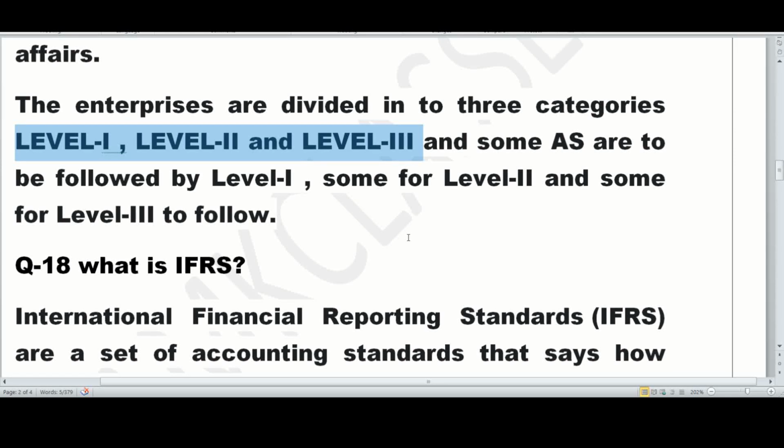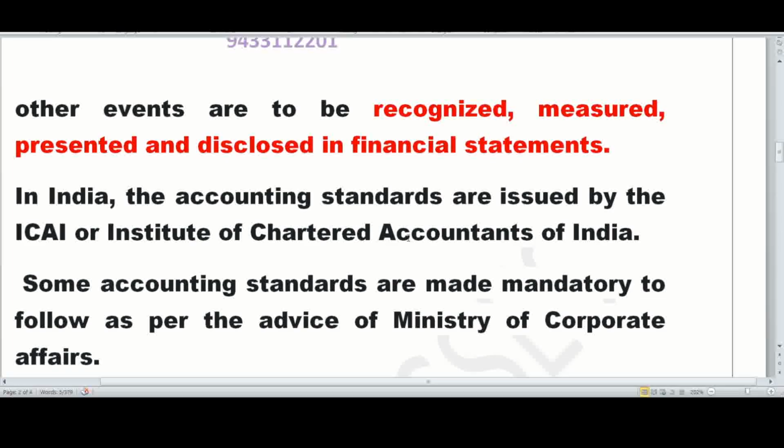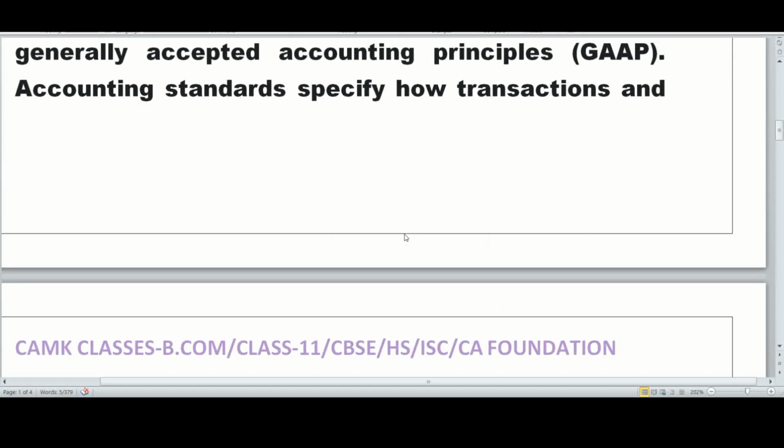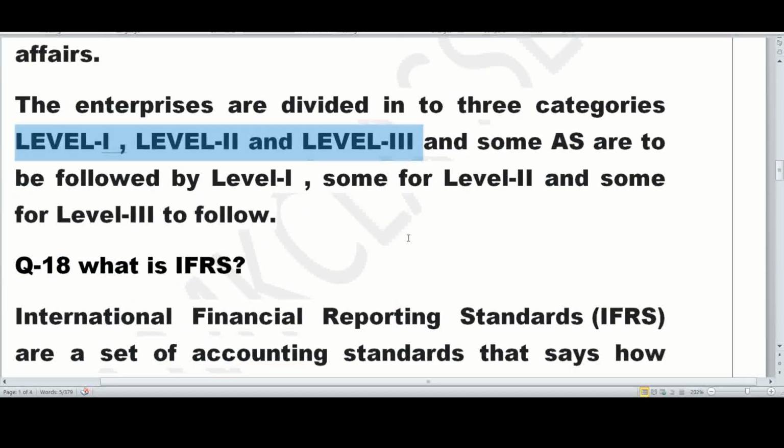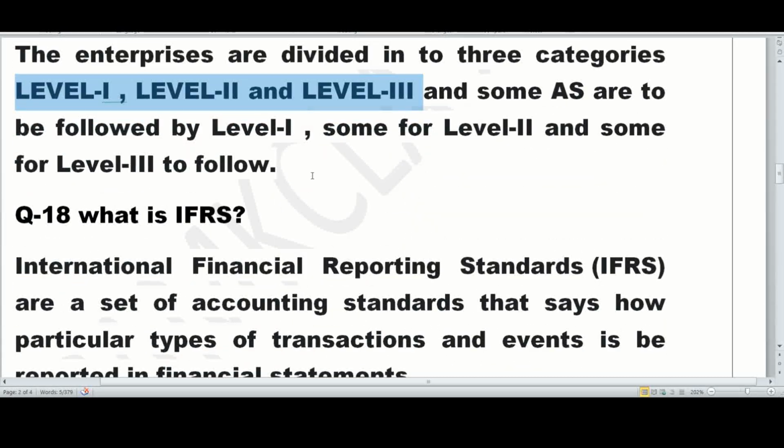Similarly, some are mandatory for level 3. So, friends, this is the introduction point of accounting standard. When we go to the different accounting standards, we will discuss them in detail.